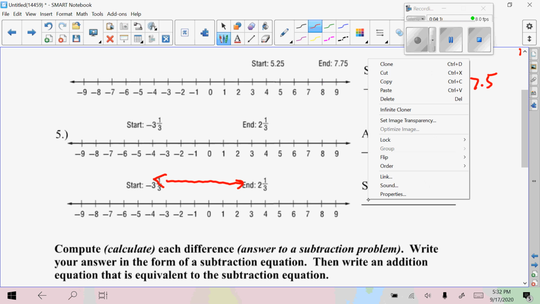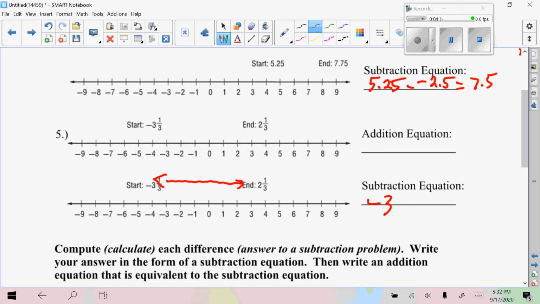So I have -3 1/3, and it's a minus because I'm facing to the left, and then I'm going backwards, so it's a negative number that I'm subtracting. And the length of that negative number looks like it's 5 2/3.